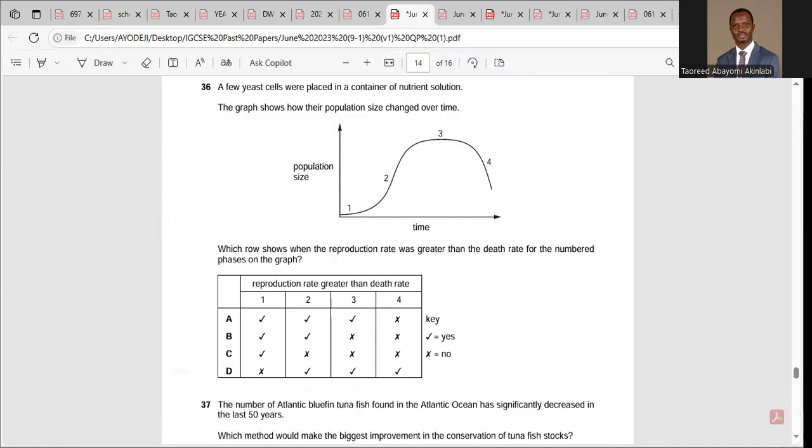At that stage, the number of deaths will be higher than the number of new cells being produced. All right. While for 3, 3 is the stationary phase. That means the death rate and the reproduction rate will be the same at that point. That means the correct option for 36 is option B.